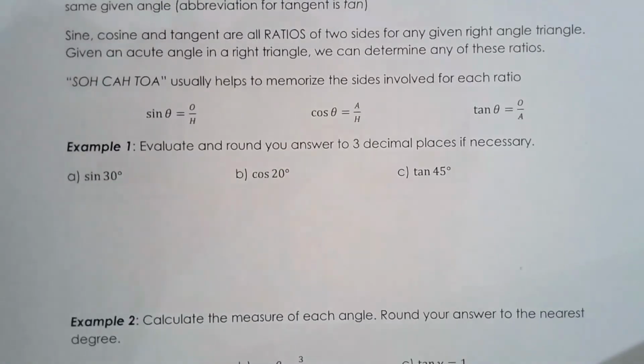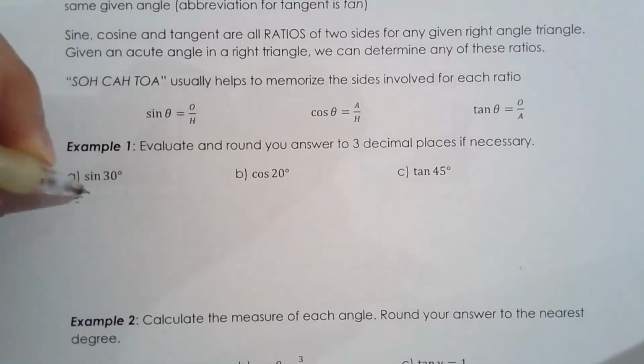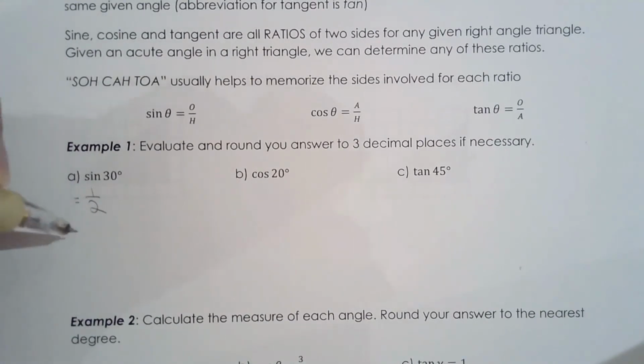Okay, so let's use our calculators and find what sine 30, cosine 20, and tan 45 is. So sine 30, if you punch in your calculator, is half, or 0.5. That's what the calculator is telling you. So be careful. It's not telling you the length of any of the sides of your right triangle. I have no clue what the side lengths are.